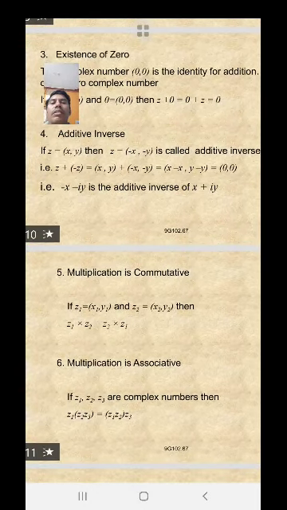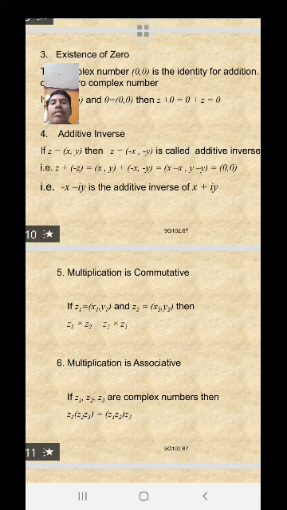That is, z + (-z) = (x - x, y + (-y)), that equals (x - x, y - y), that equals (0, 0). That is, -x - iy is the additive inverse of x + iy.